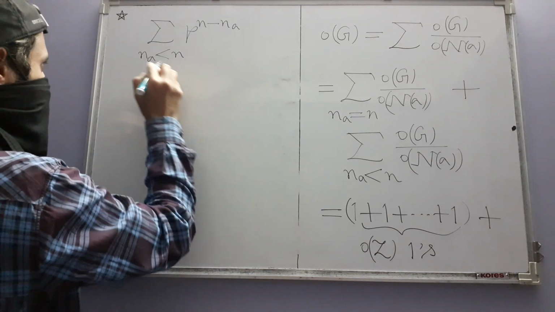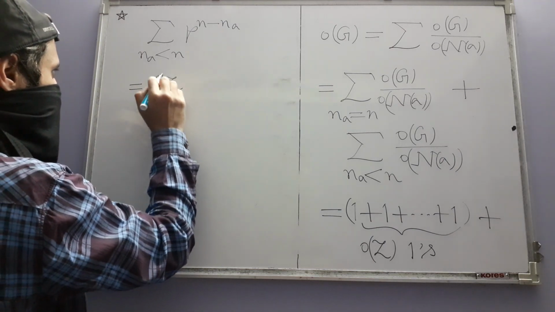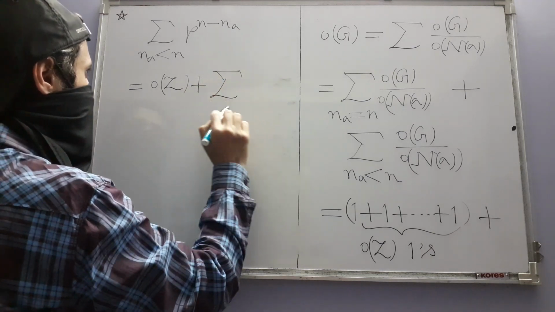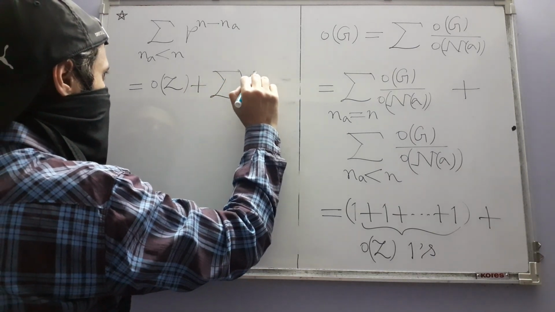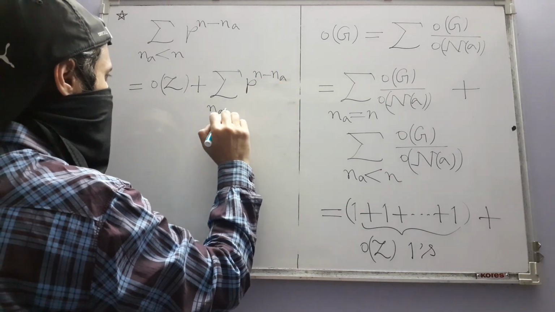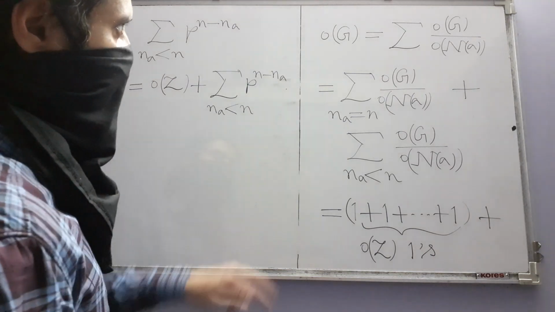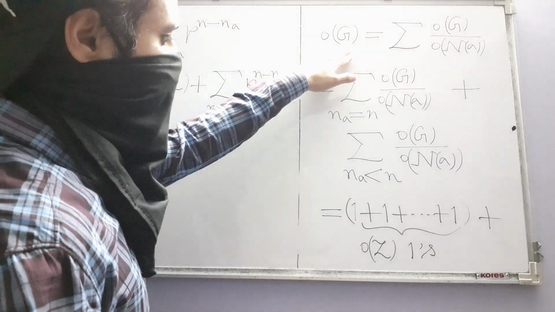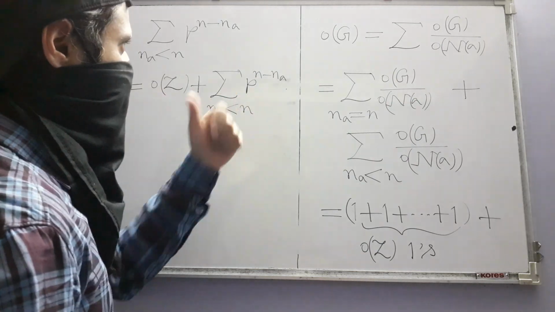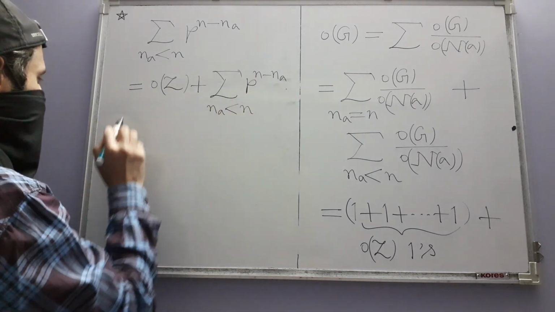Okay, so that means the equation now takes this form. On the left side we have the order of G. On the right side we have the order of the center plus this extra sum.